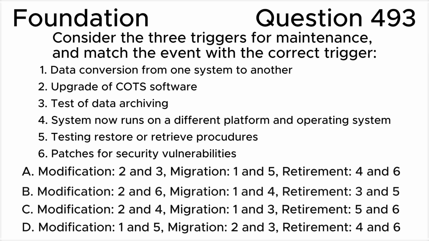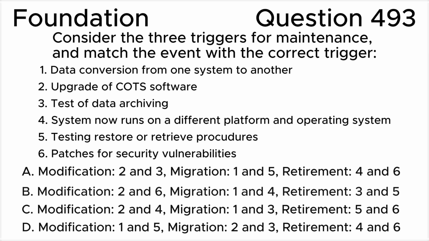Answers: A. Modification are 2 and 3. Migration are 1 and 5. Retirement are 4 and 6. B. Modification are 2 and 6. Migration are 1 and 4.